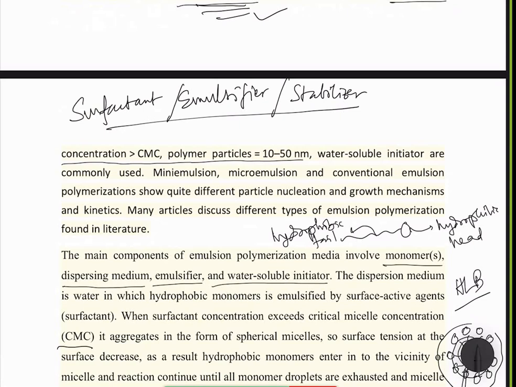Now, this surfactant or emulsifier or stabilizer, these molecules are basically specially designed molecules which have a hydrophobic tail and a polar head. So if you call this the head, it is polar in nature, and this tail is non-polar or hydrophobic in nature. Right.